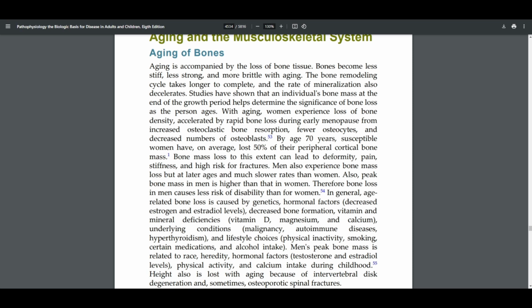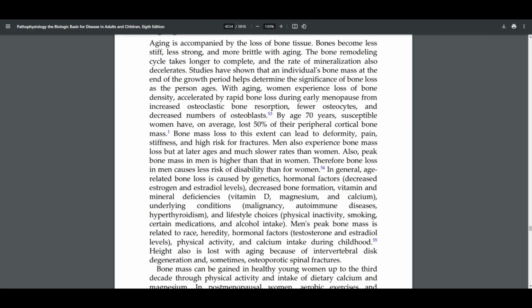Studies have shown that an individual's bone mass at the end of the growth period helps determine the significance of bone loss as the person ages. With aging, women experience loss of bone density, accelerated by rapid bone loss during early menopause from increased osteoclastic bone resorption, fewer osteocytes, and decreased number of osteoblasts.